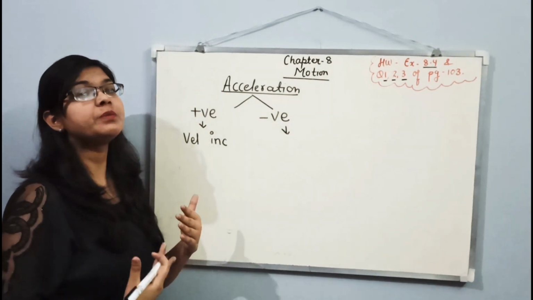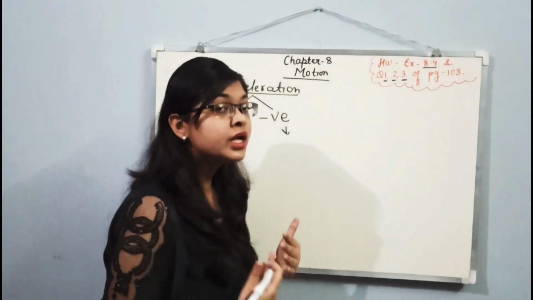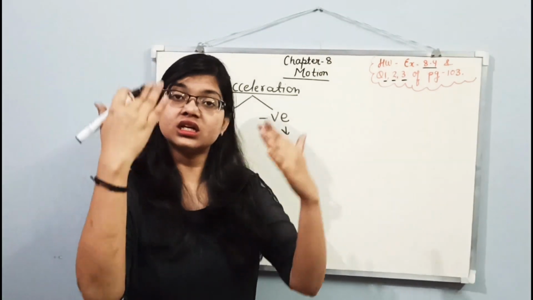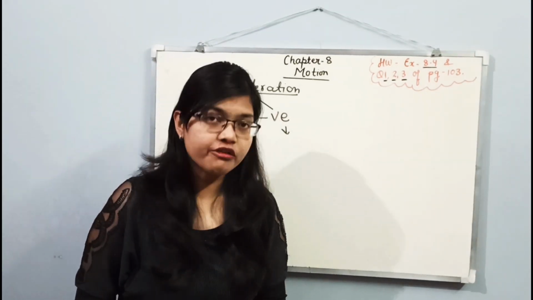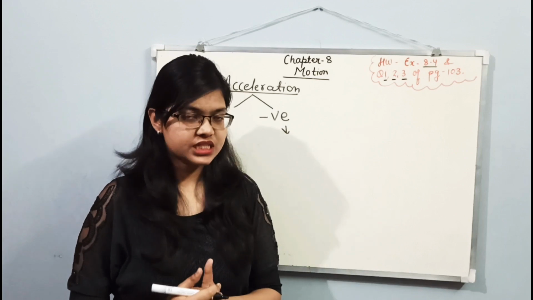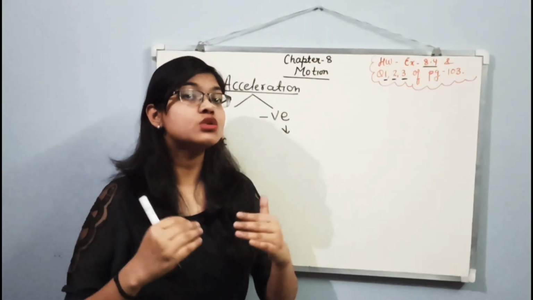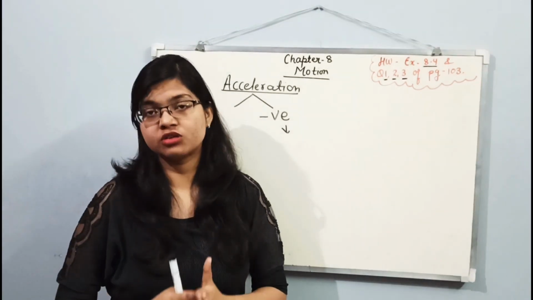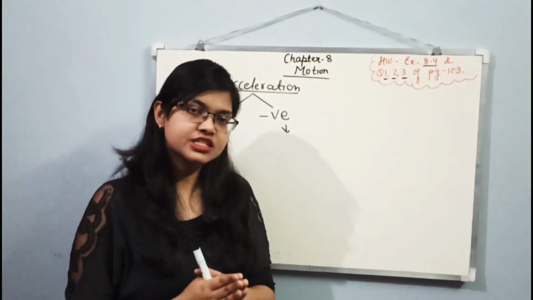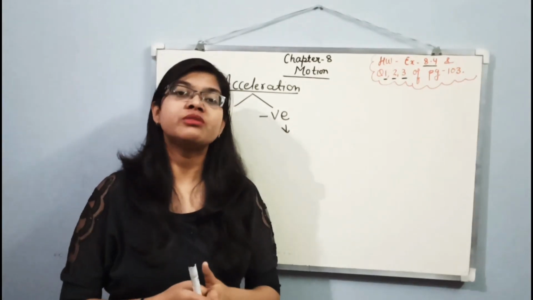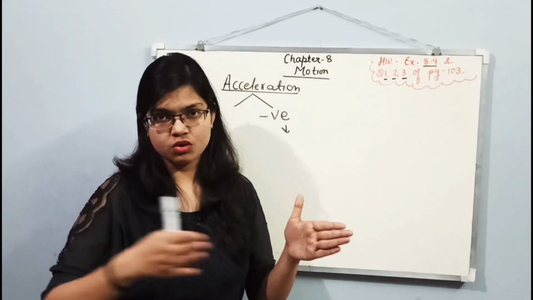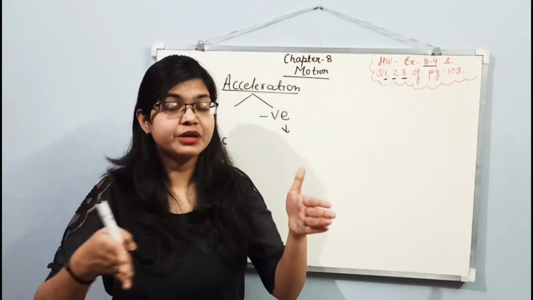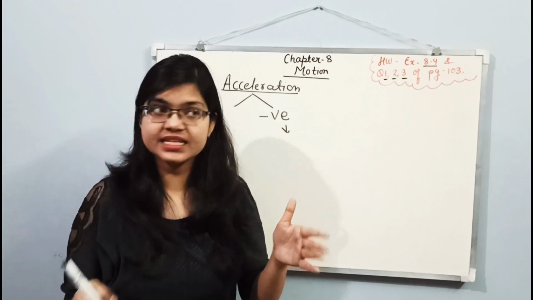It means that you are moving on the road and suddenly you see the green light off, you see the red light on. So what will happen in that case? You will apply your brake and with whatever speed you were moving, you will make it 0. So let's suppose you were moving with 20 meters per second. So it will become 0. So what is happening to the velocity here? It is decreasing.